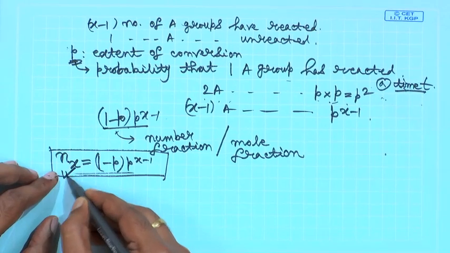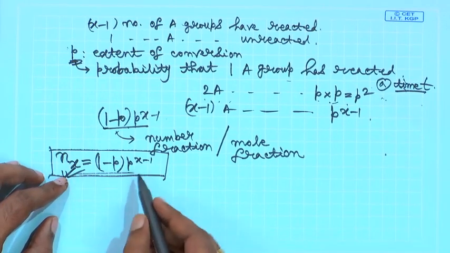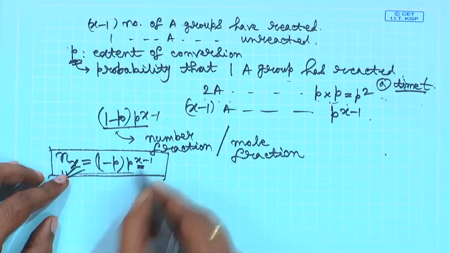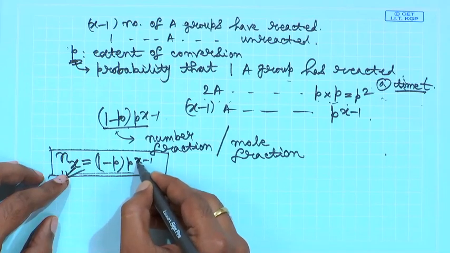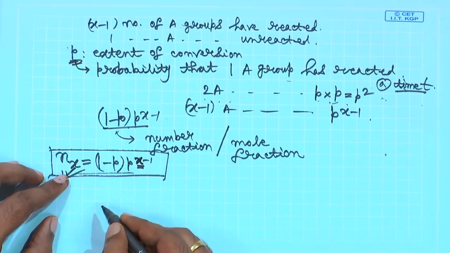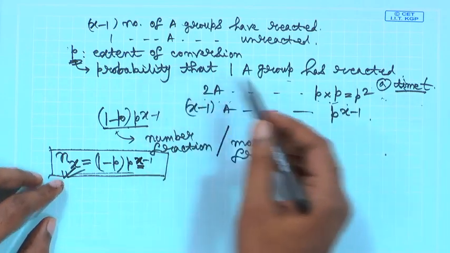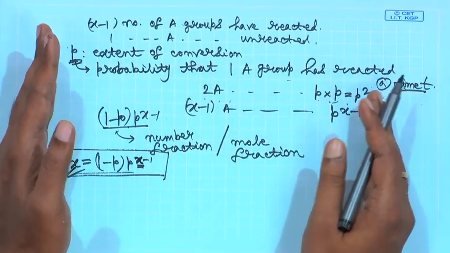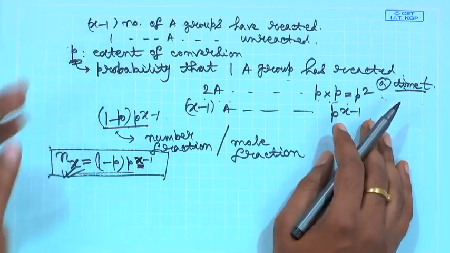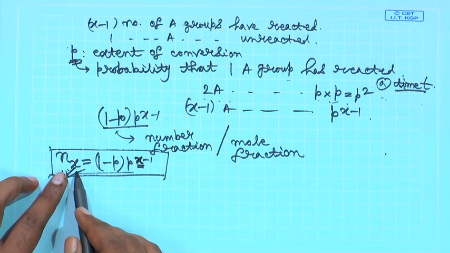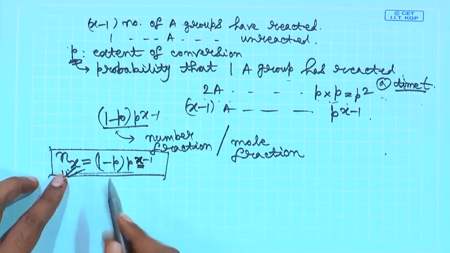So, this is something that gives you the variation of the number fraction with respect to x, which is the degree of polymerization, because an x-mer has x structural units. So, small n x is the number fraction distribution.